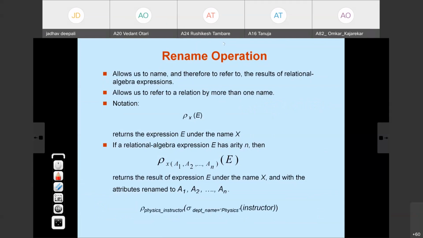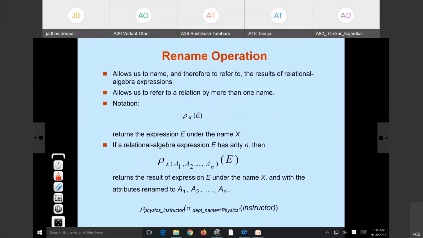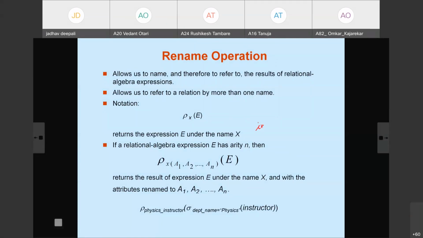The example is given here. Now see, another use of the rename operation is when you want to compare the same relation with itself, meaning instructor with instructor. It is homework for you: try to find such a query. Suppose I want to compare an instructor's salary with itself. Then I need to make the Cartesian product of instructor with instructor.